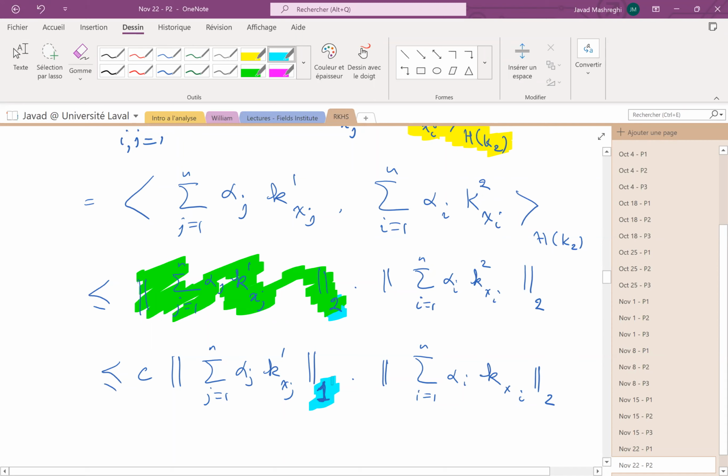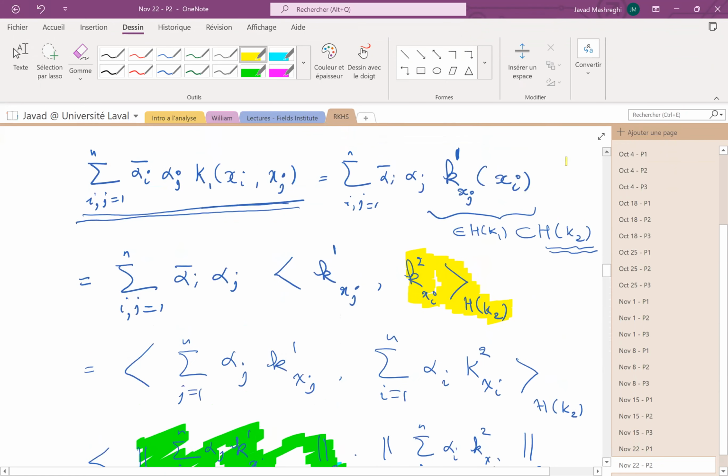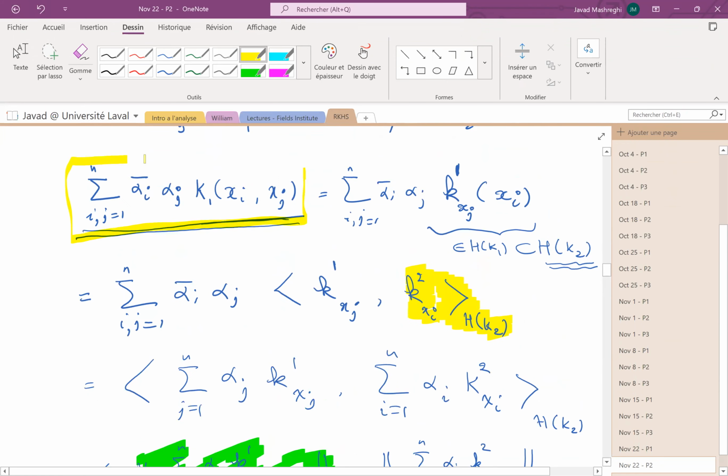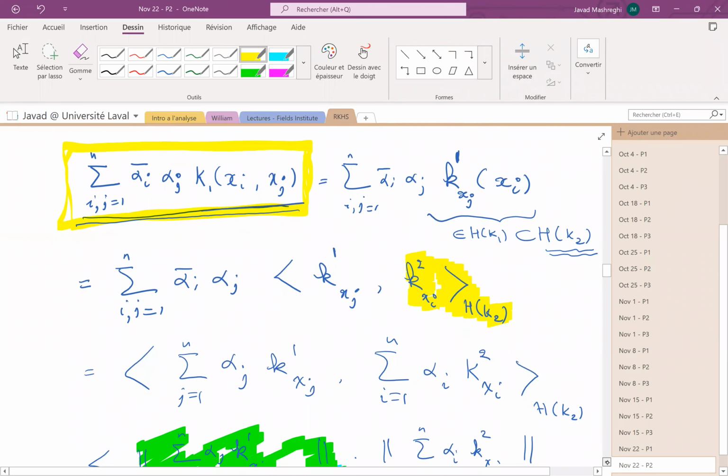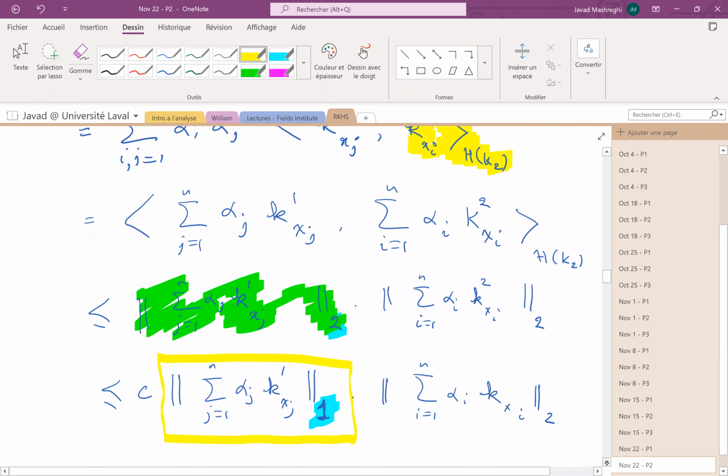And now look at this, and the one that we started with. It's very easy to see that if you square this quantity and use the fact that this is the kernel, you obtain the same thing that we had at the beginning.